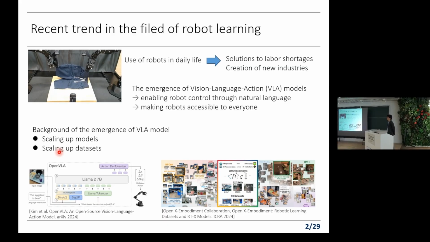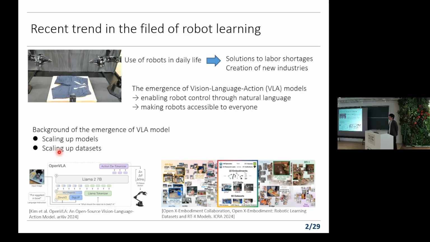Recently, vision language action models are being investigated by many researchers. These models are often called robot foundation models, and they enable robot control through natural language, such as "pick up a pen" or "move the apple."